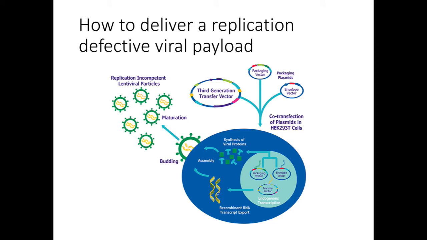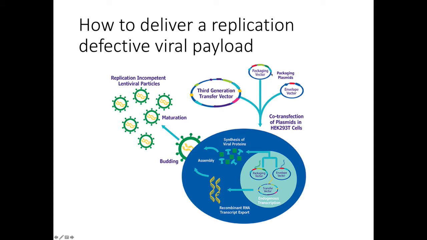Another thing that needs to be considered is how you deliver what is called a replication defective viral payload. If you're going to administer gene therapy, you don't want to inject an infectious virus into somebody. What you want to do is inject a virus in a capsid that doesn't have any ability to replicate. There are ways of doing that, which I won't get too much into the details of.